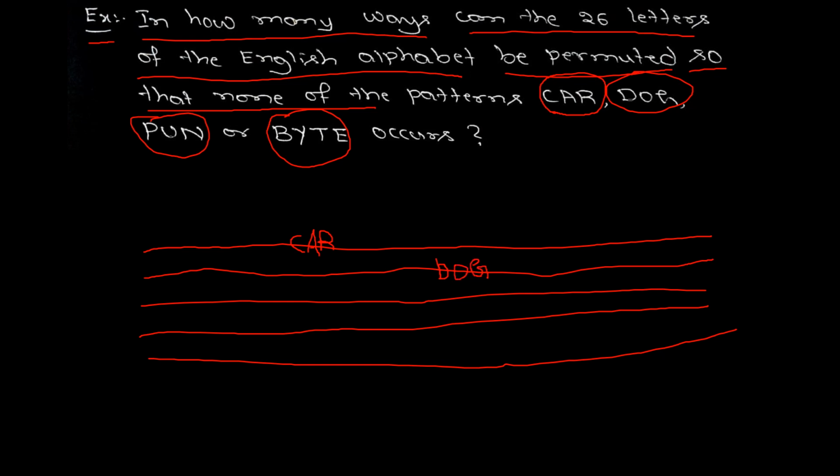The permutation should not contain dog. It may have d somewhere here, o somewhere here, and g somewhere here. This is allowed, but consecutively, one after the other, dog should not be there. The word should not be there in such a permutation.